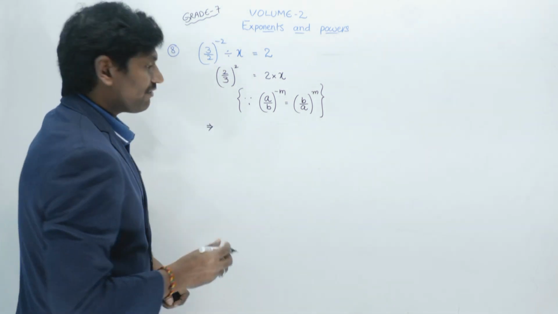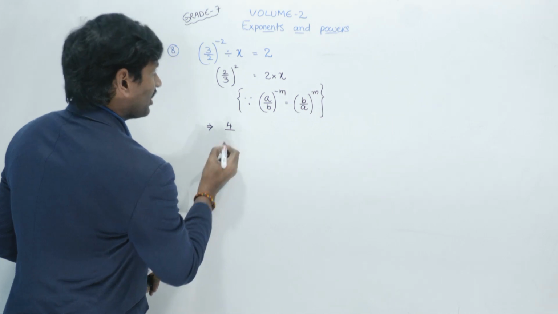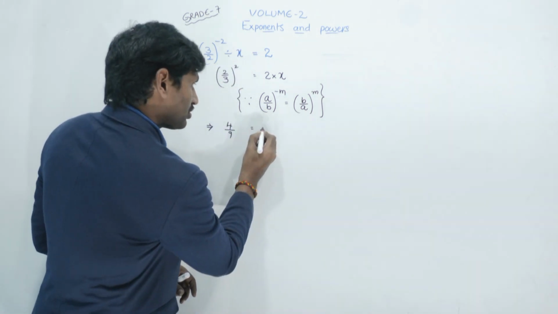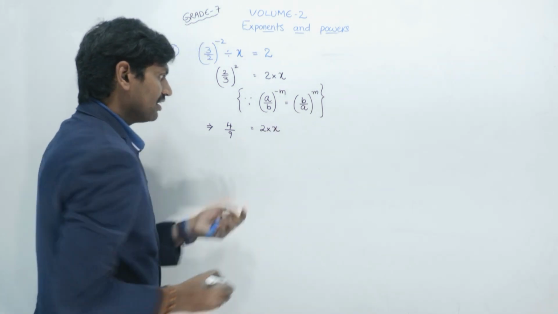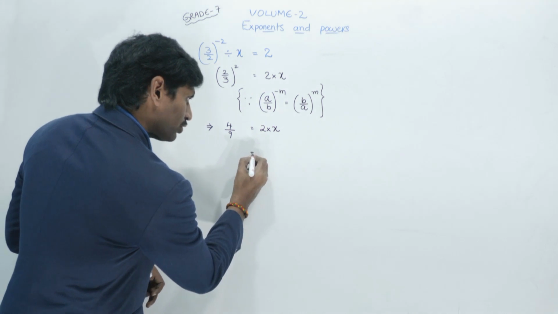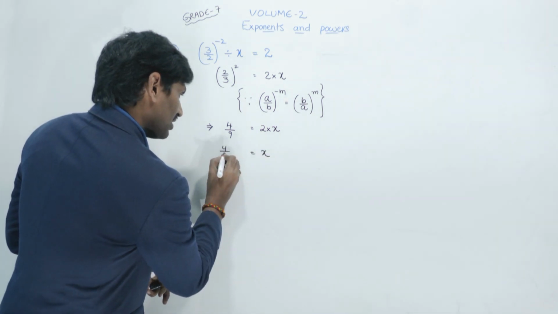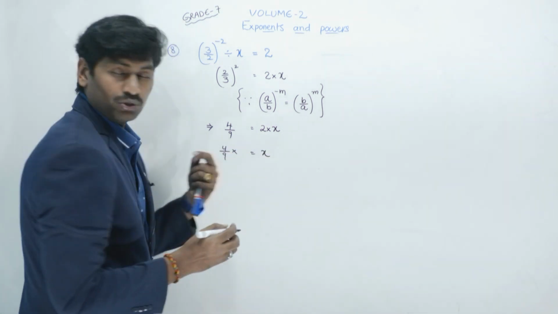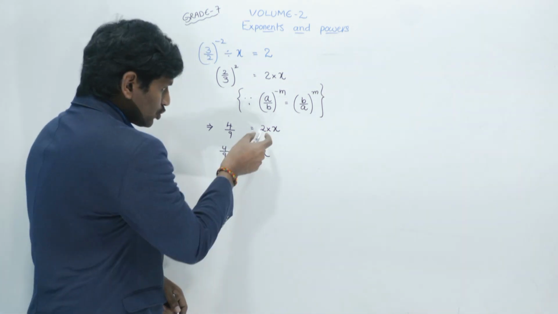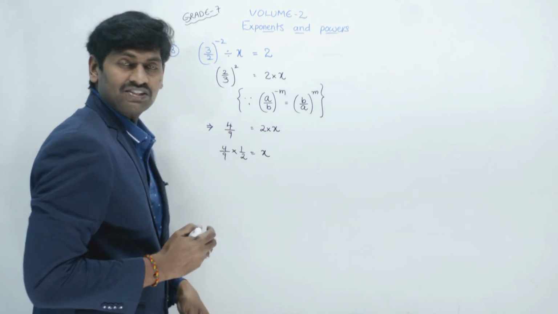So 2 square is 4 and 3 square is 9. 4 by 9 equals 2 into x. When the 2 is multiplying here, transposing to this side, it is going to divide. That means 4 by 9 divided by 2. Divided by 2 I can write as 1 by 2, so when you transpose this side, it is 1 by 2.